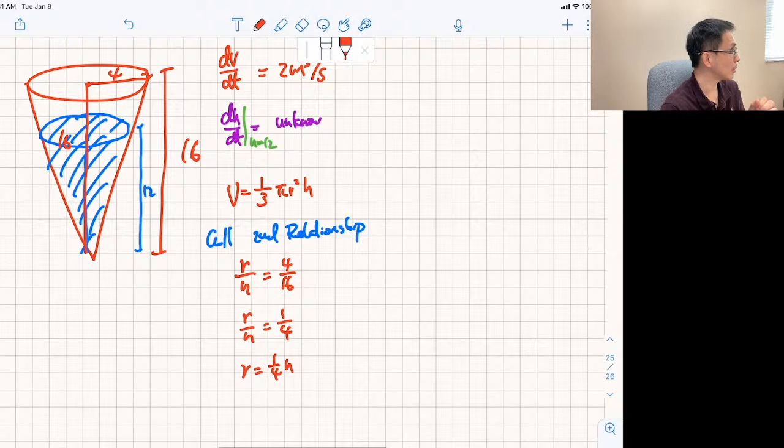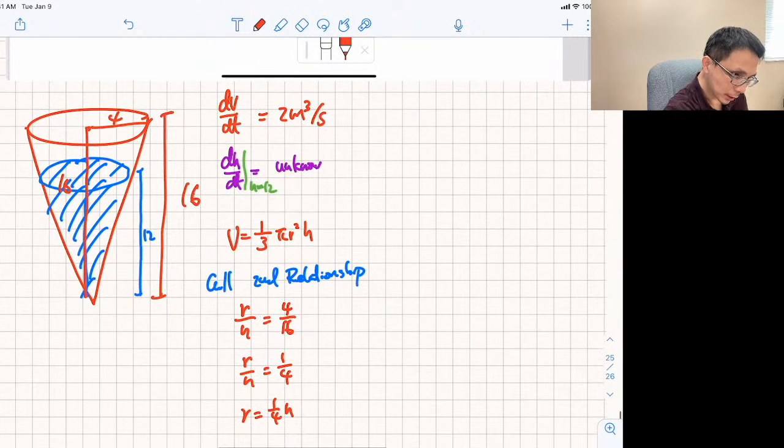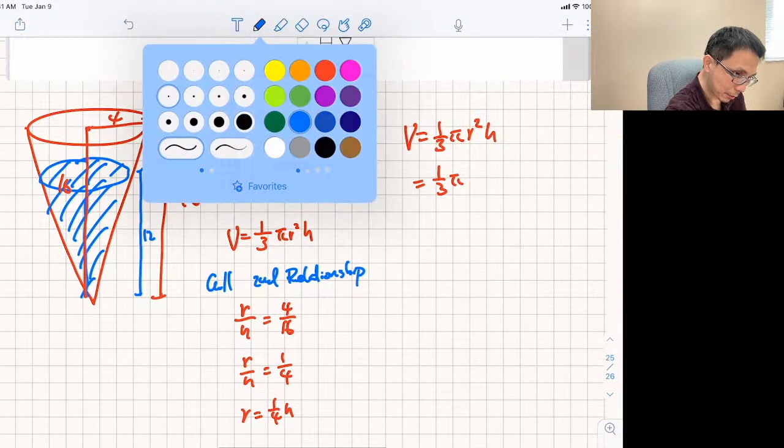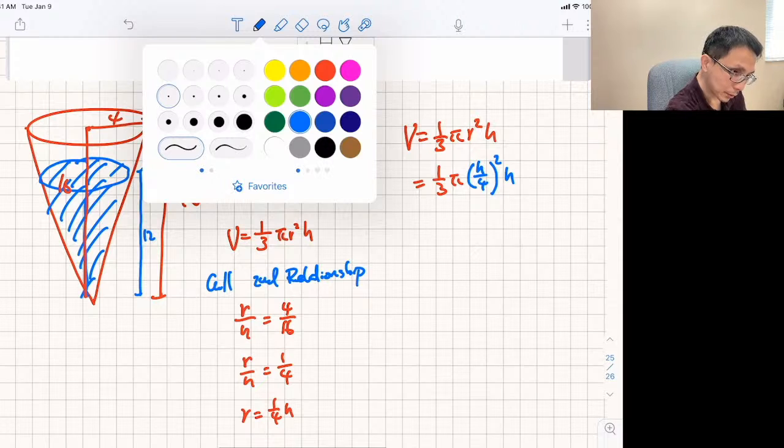Does that make sense? So then you're gonna go back and say, okay, well, V is equal to 1/3 pi r squared h. Now with that relationship, 1/3 pi, and we're gonna use a color code so that you can tell the difference, the r is gonna be (h over 4) squared, times h. Why h over 4? Because 1 over 4 h is the same thing as h over 4.